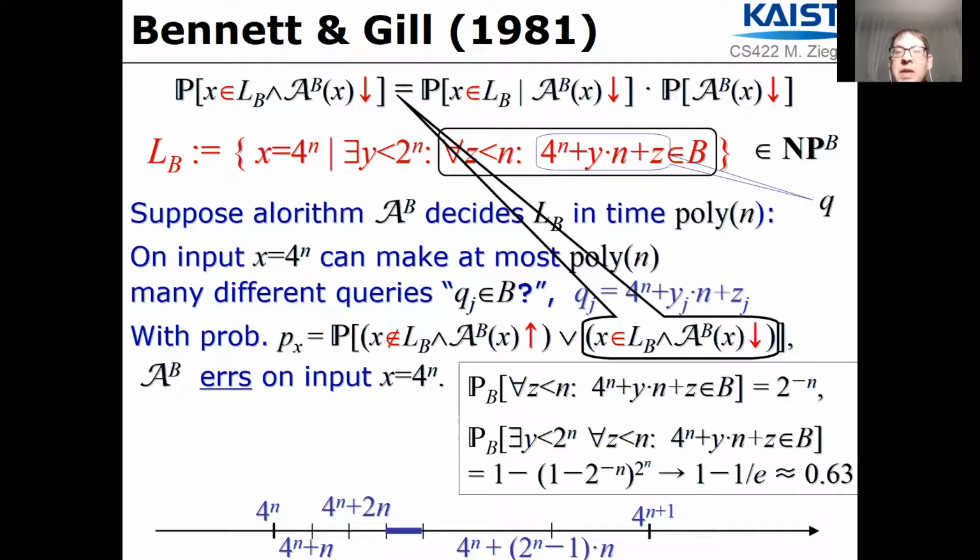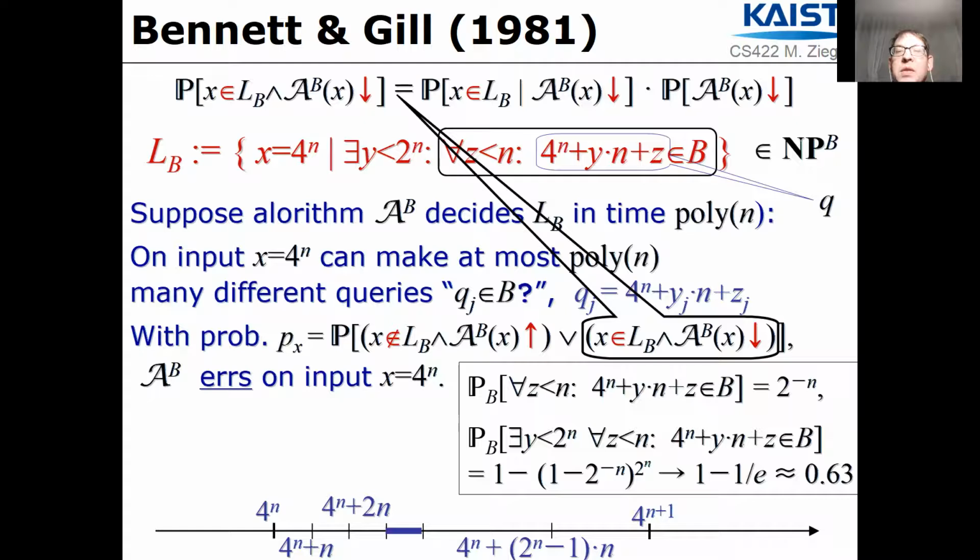let's first consider the second case, okay? And let's express that using conditional probabilities, which is what you see here. The probability that the algorithm rejects although the input x belongs to the decision problem LB can be expressed as the product of a conditional probability with the conditional itself, right? That's simply the definition of conditional probability.